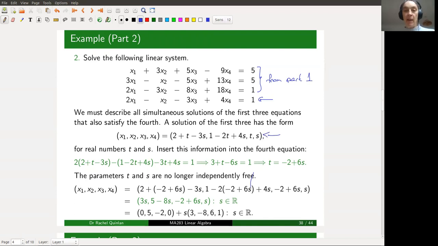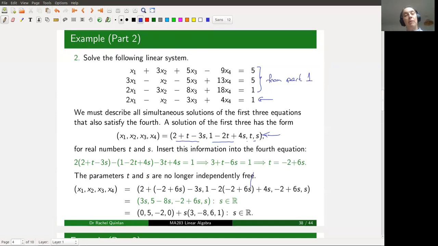What that means is that every solution of the first 3 equations has these values for the variables x1, x2, x3, and x4 for some choice of real numbers s and t. And if you're thinking about this, a useful exercise is to give yourself some values of s and t, write down the actual numbers that you would get here, plug them into the equations, and satisfy yourself that they are all satisfied, and that no matter how you choose s and t, you do get a solution.